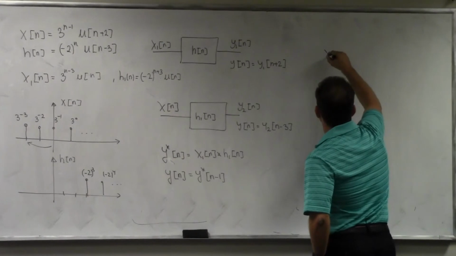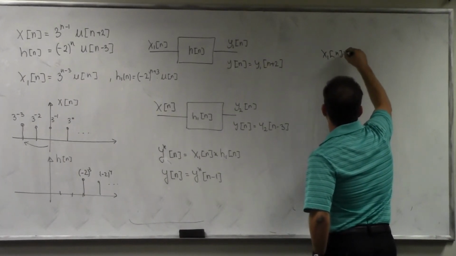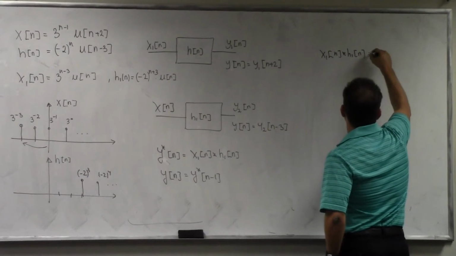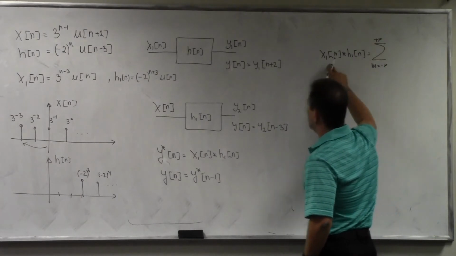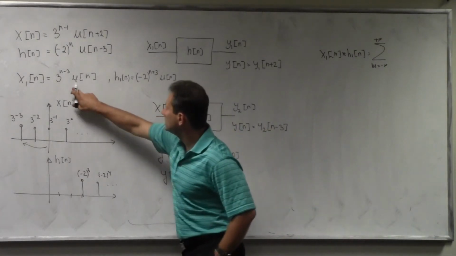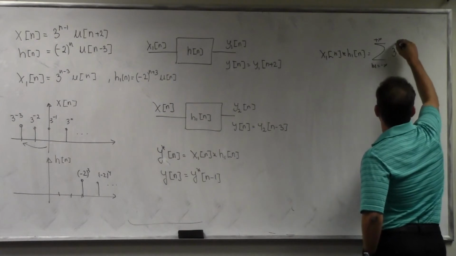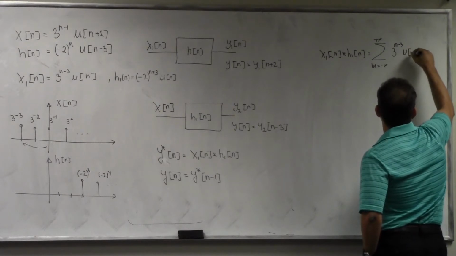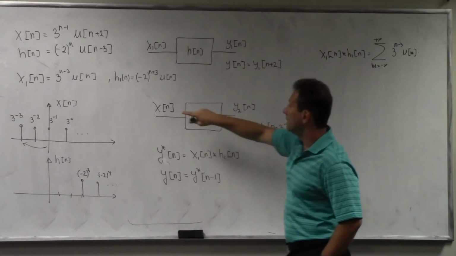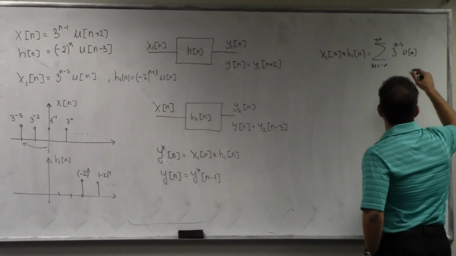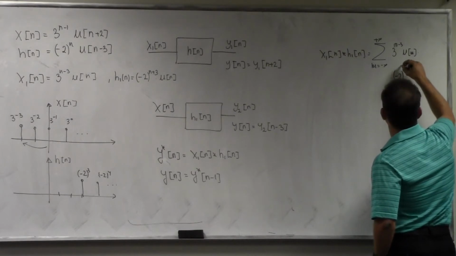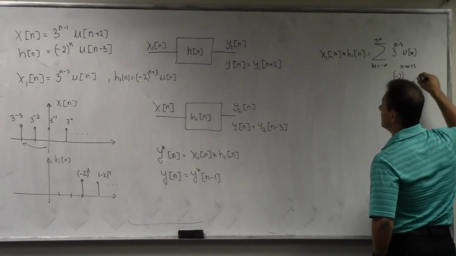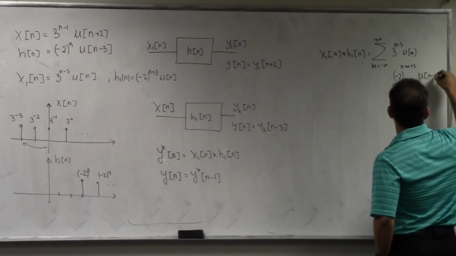So x1 of n convolved with h1 of n becomes the sum, m going from minus infinity to plus infinity, of x1 of m, which is this guy, 3 to the m minus 3 times u of m, times h1 of n minus m, which is minus 2 to the n minus m plus 3 times u of n minus m.